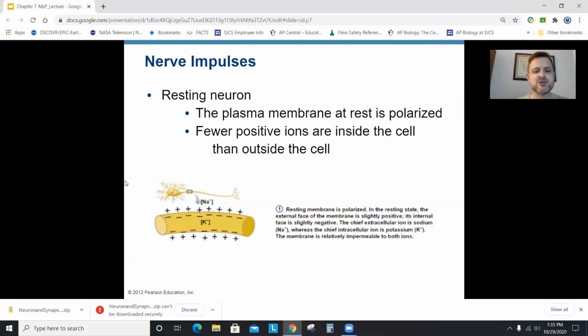So there are no actual negative charges, right? But there are more sodiums than potassiums. So relatively speaking, the inside is negatively charged in comparison to the outside. It's polarized, even though nothing is actually negatively charged. It's just that the outside is more positively charged.